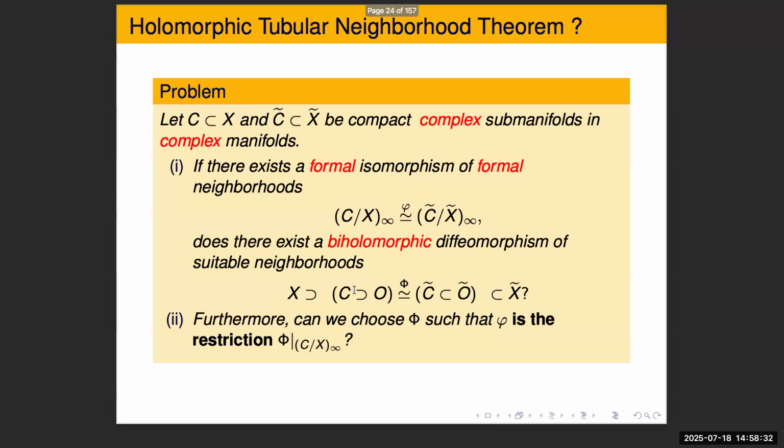And also you ask whether you can choose this biholomorphic map phi such that the given formal isomorphism comes from the derivative of the restriction of the biholomorphic map to the formal neighborhood.